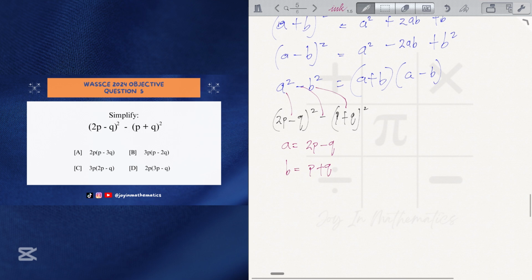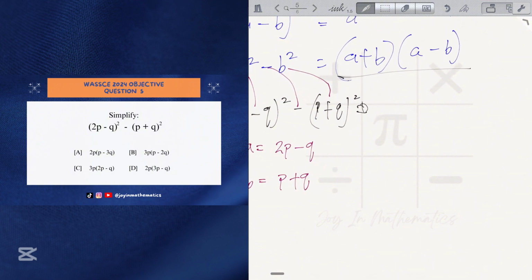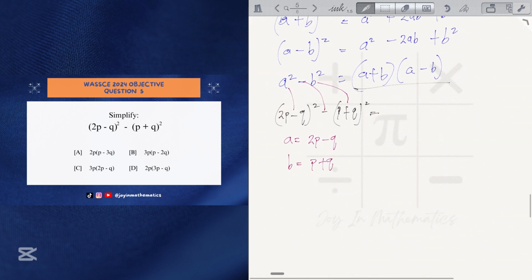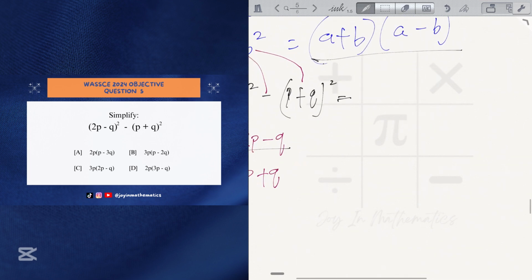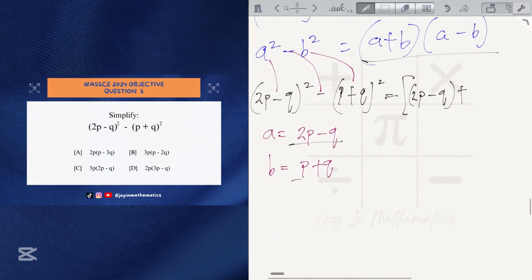So if you apply this formula, that's a plus b multiplied by a minus b. This will result into a is equal to 2p minus q. So we have 2p minus q being added to b, where b is p plus q.